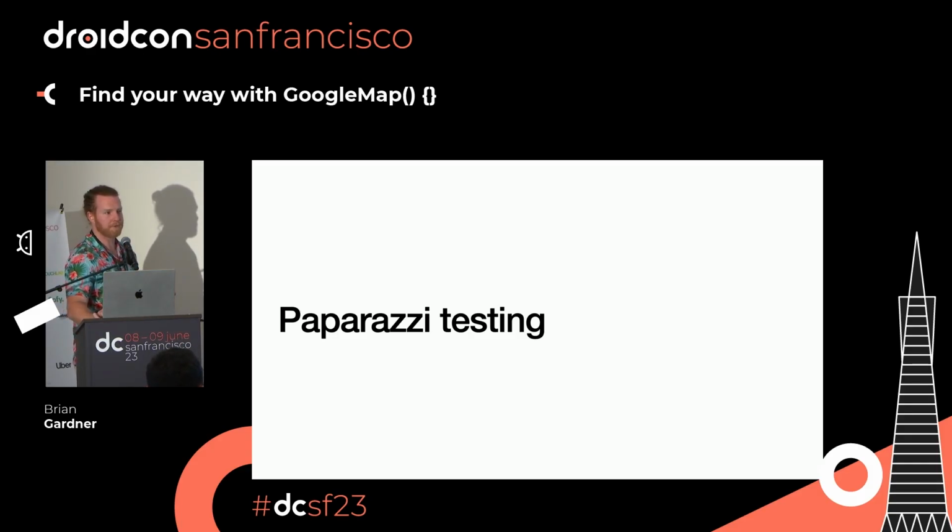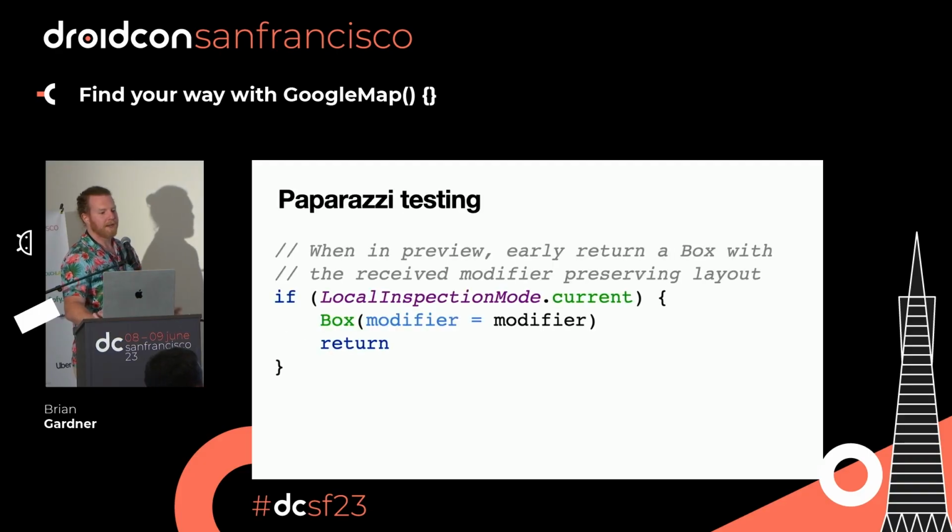Digging into the Google Maps composable, we found out why. Very near the top of the function, it says, hey, if this local inspection mode flag is on, return a box. So basically, when Studio is running your composables inside of the preview, it's going to set this local inspection mode flag, and it's just going to display a blank box.